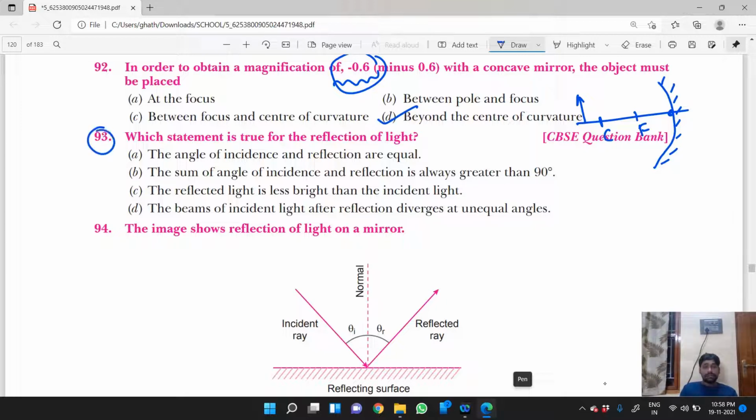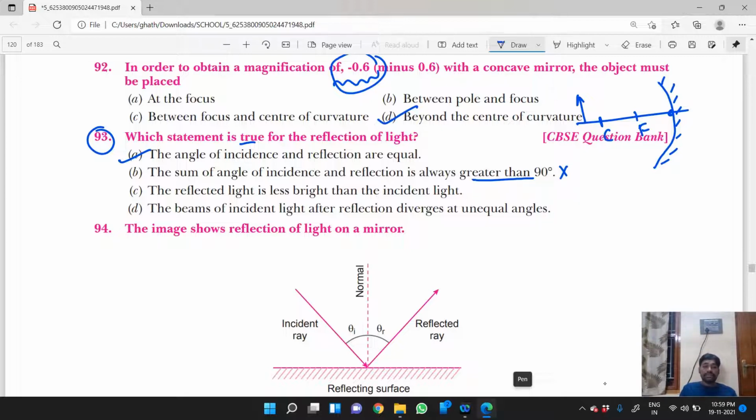Next, 93. Which statement is true for the reflection of light? Angle of incidence and angle of reflection are equal. Yes, absolutely true. The sum of the angle of incidence and angle of reflection is greater than 90 degrees: not always, not possible.